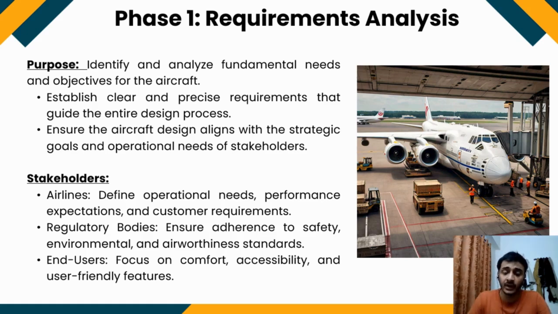The primary stakeholders in aircraft designing would be the companies themselves, like Boeing, Airbus, etc., then the regulatory bodies such as DGCA, FAA, etc. Among the secondary stakeholders, we can identify crews, ground support staff, suppliers, caterers, etc.